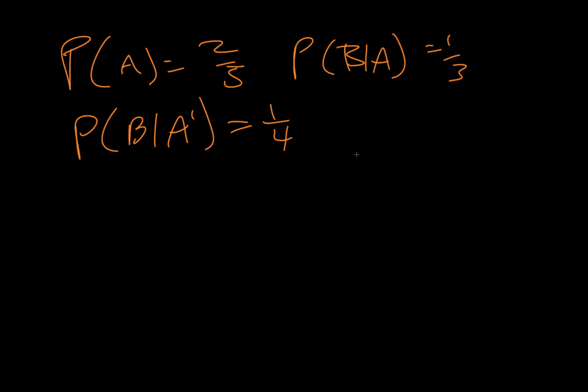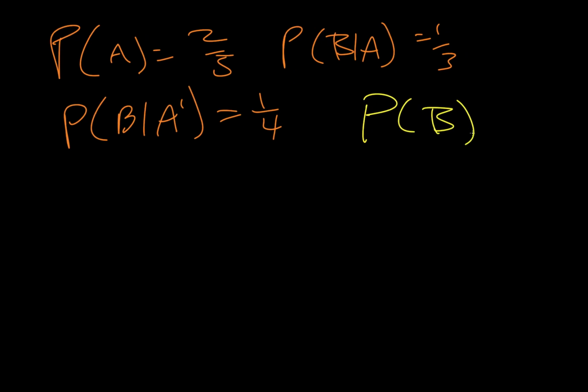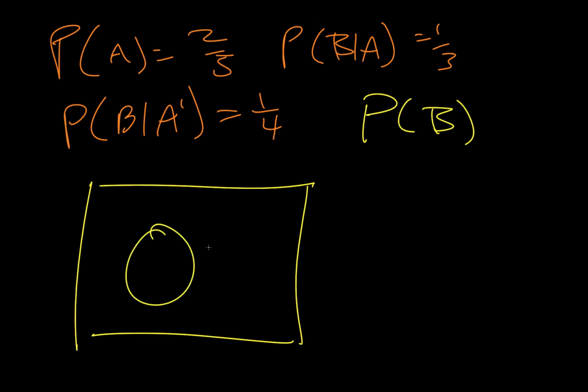Okay. There's two parts to it, but the first one is find P of B. So if I'm drawing we have A and B, and so I'm going to draw a Venn diagram. Call this A, call this B. Now if we want to find the probability of B, there's two pieces that we need to find.